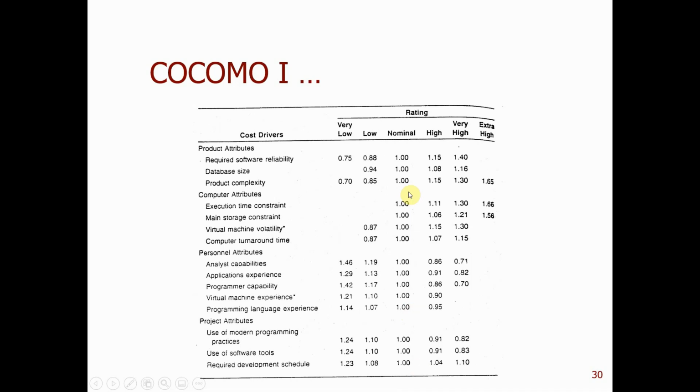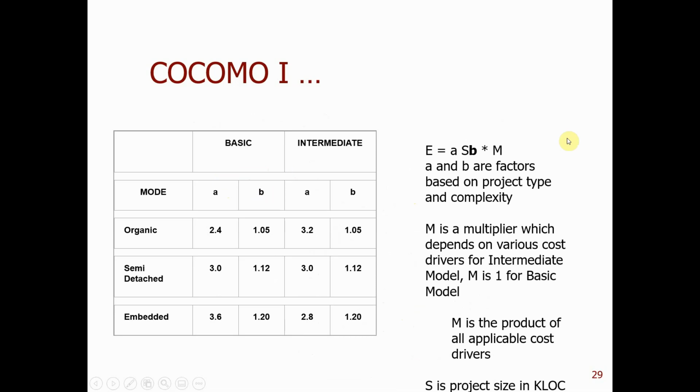But in the intermediate model, you know more detail, like the required reliability is very high, and database size is low or high. Then M is not 1 anymore.